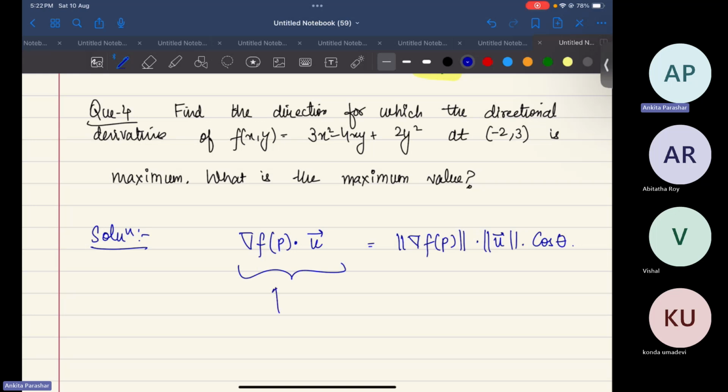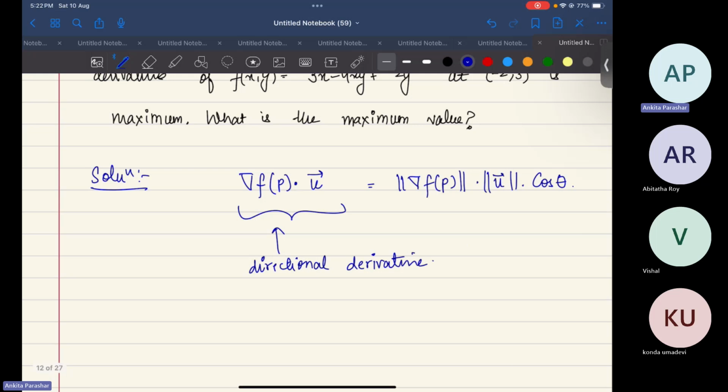This is nothing but your directional derivative, the way we are following it. If I assume that u is a unit vector, then you should be able to see that this equality is just del f p times cos theta. That means the highest value is being attained whenever cos theta, because del f p is fixed.